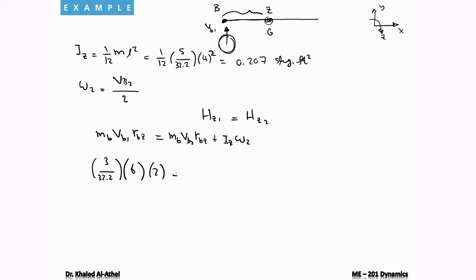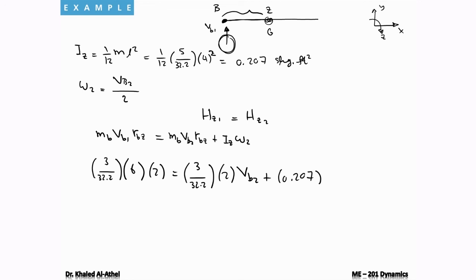This should equal, repeating the same thing for the sphere or the ball, 3 over 32.2 multiplied by r, which is 2, and then the velocity is unknown, so I'm going to write it as v_B2. Plus I_z, we already computed it to be 0.207.